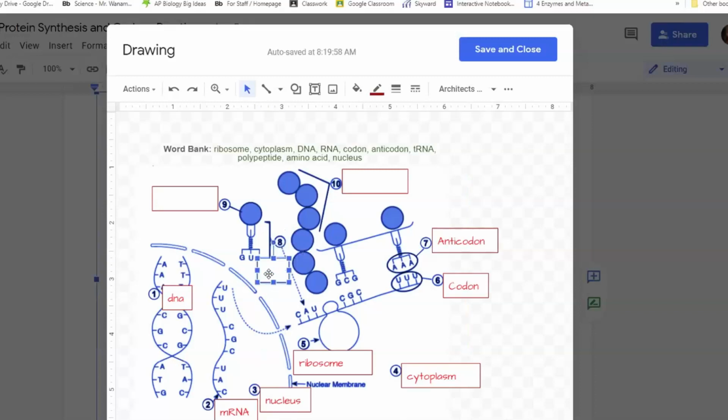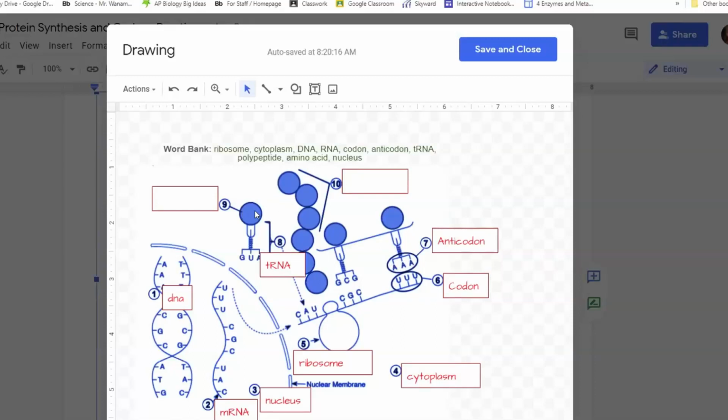Number 8 is an example of one of these pieces. We're down to 3 words: proteins, amino acids, and tRNA. tRNA. Correct. So we typically describe that as a clover leaf. This drawing doesn't really have it as a clover leaf, but the tRNA, this thing here, on one end, we find the anticodon, and what do we find on the other end?